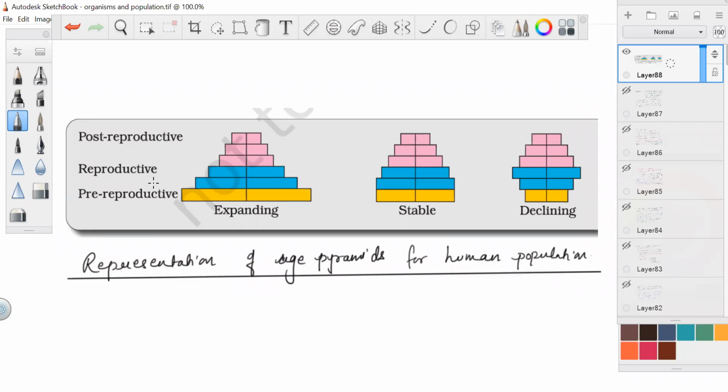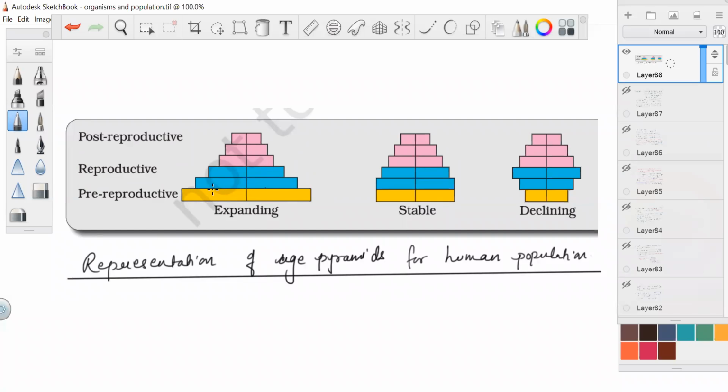So these are, as per age, the reproductive phases: pre-reproductive, then you will see reproductive, and then you will see post-reproductive. So you will see this is expanding, post-reproductive is less, reproductive is in between, and pre-reproductive is large.